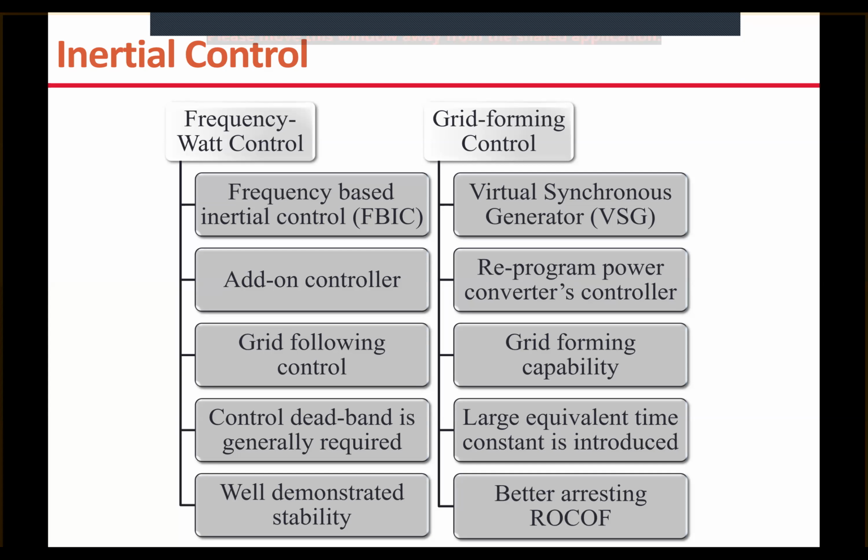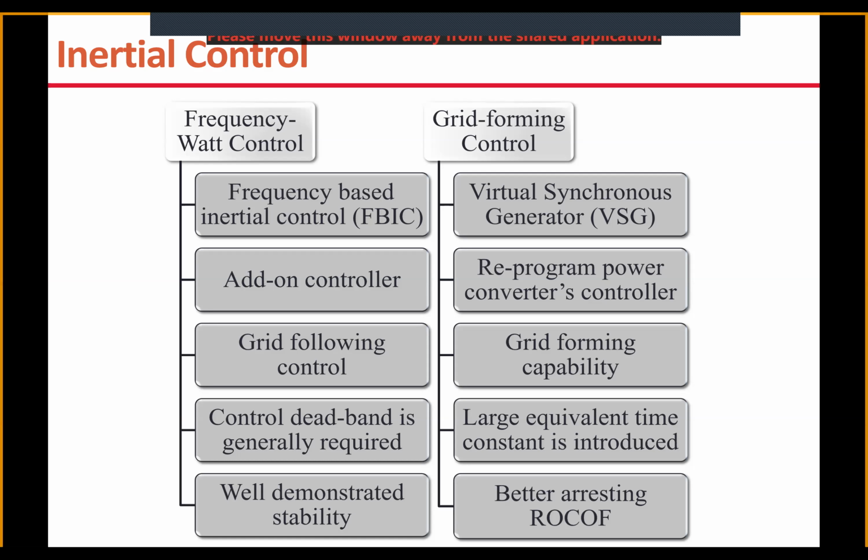In the active inertial control, we use frequency-based inertial control, like FBIC. We have an add-on controller, but the problem is we are following the grid frequency, and there's a control deadband. But this method has well-demonstrated stability.